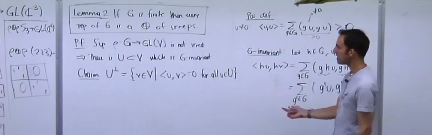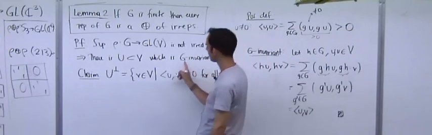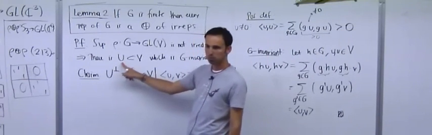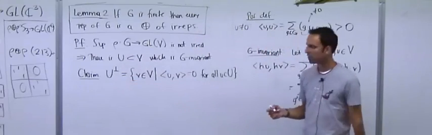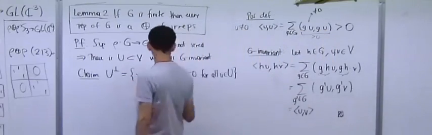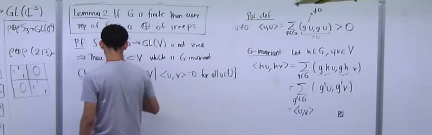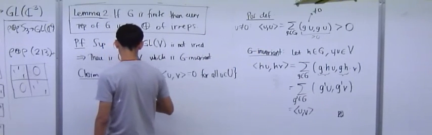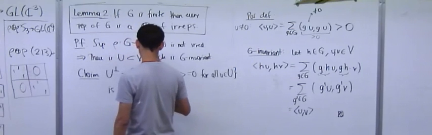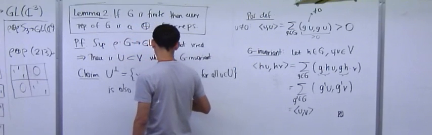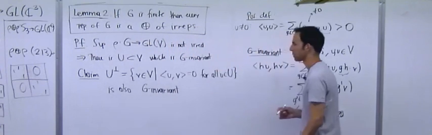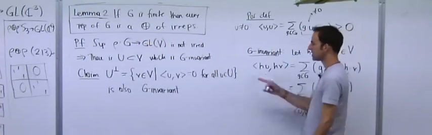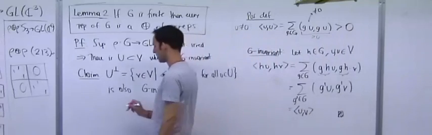And what I'm claiming is that if G fixes U, then G is also going to fix U perpendicular. So this is also G invariant. If U is G invariant, then U perp is G invariant.